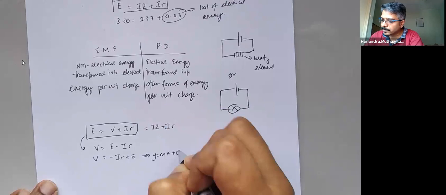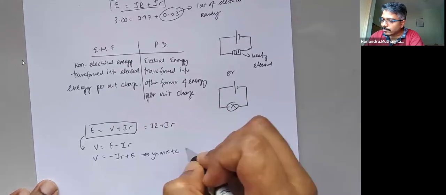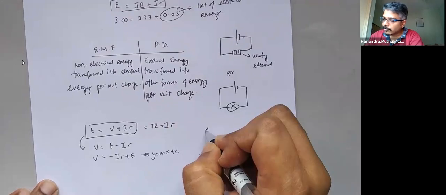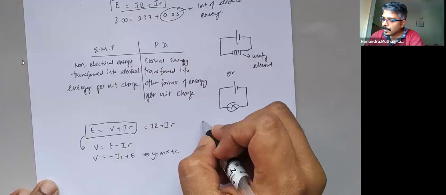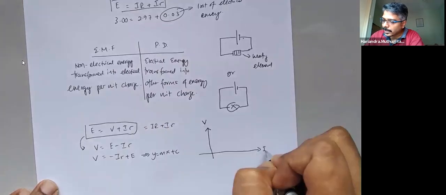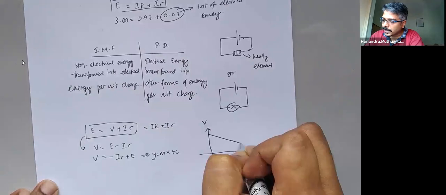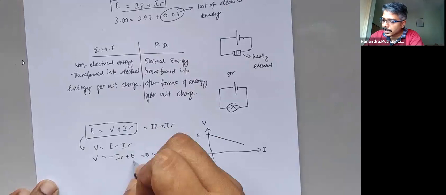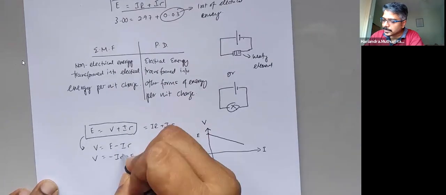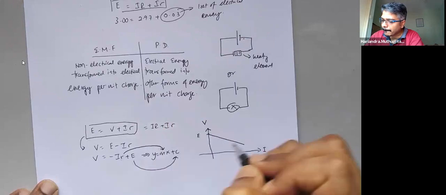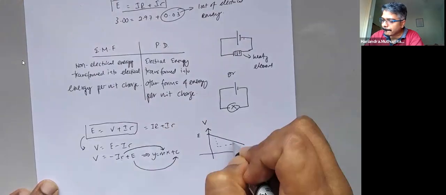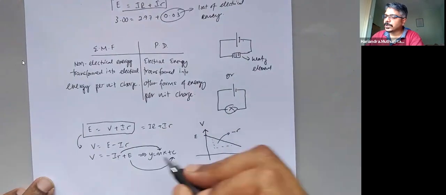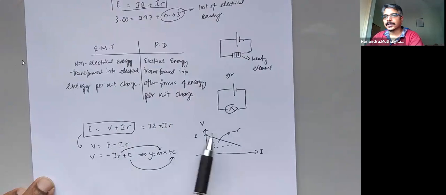If we plot a graph of V versus I, we get a negative gradient graph. This gives us the EMF as the y-intercept, and the internal resistance will be the gradient. That is how we relate this equation to the graph.